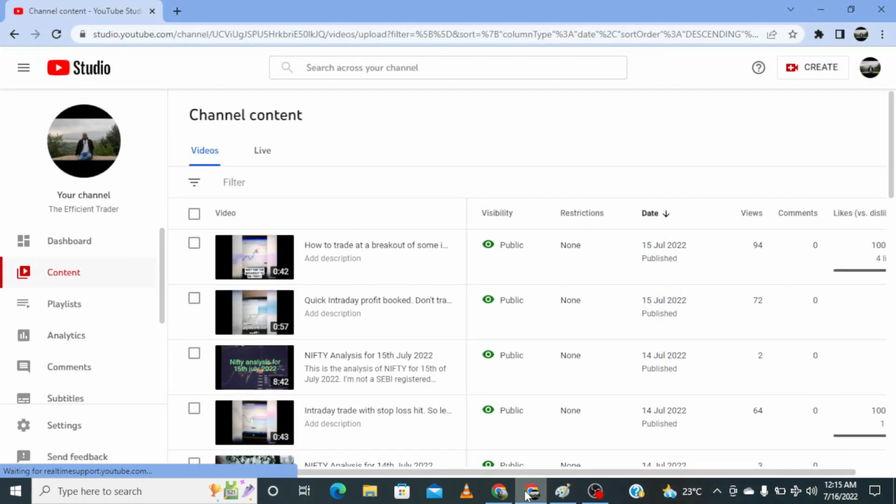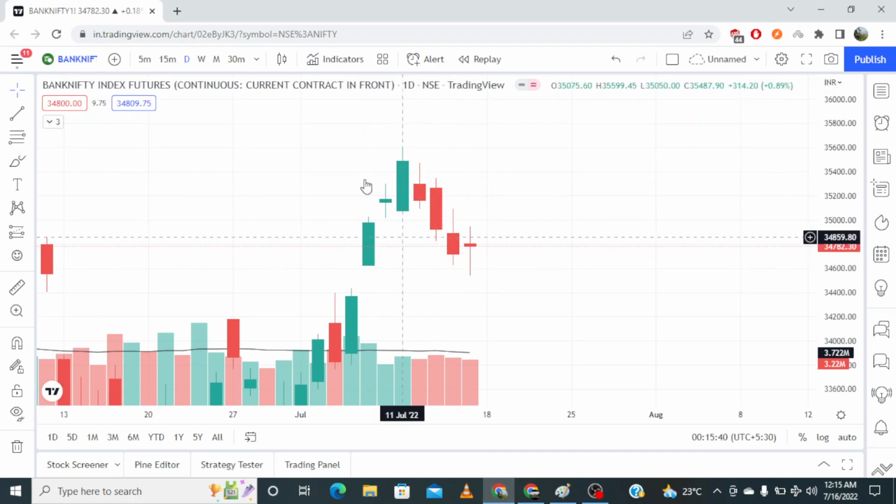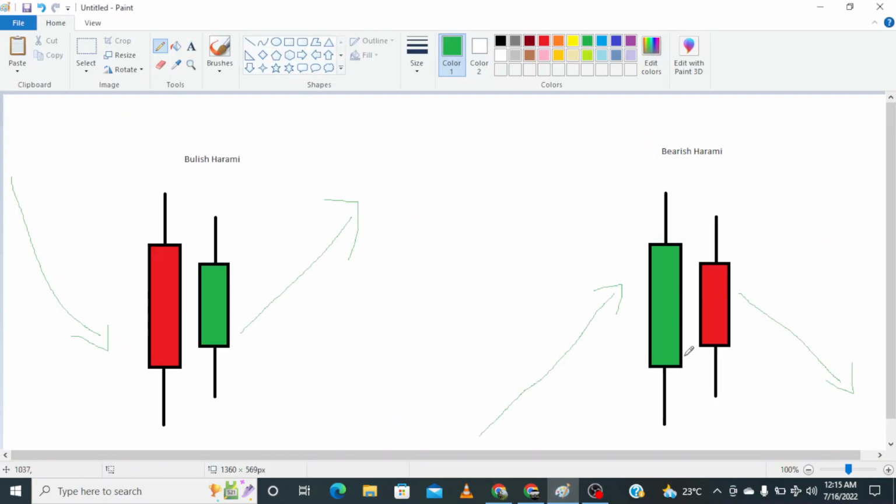No, I suppose this is different. Oh, come on. I don't think this is it. But you see this type of pattern, right? This is a big green, and a small red inside. A big green and a small red inside.